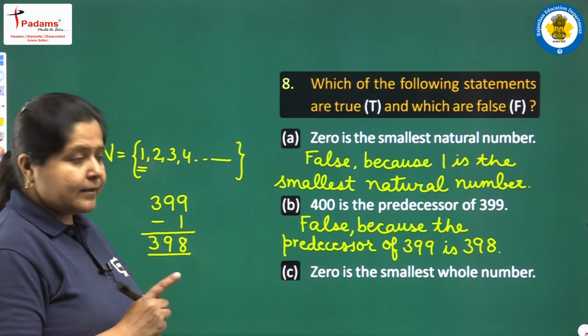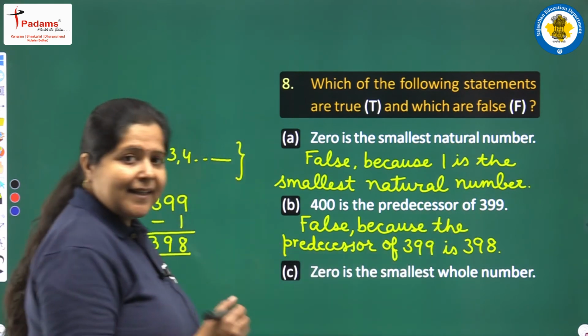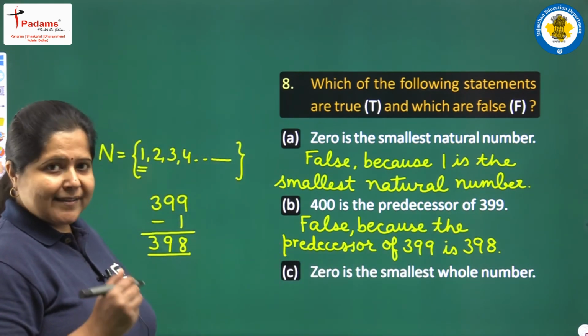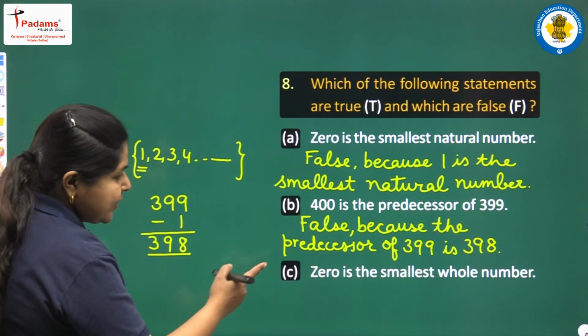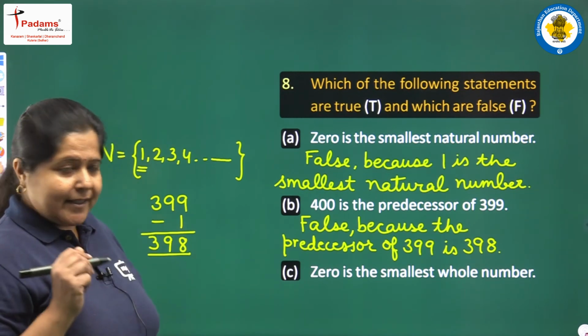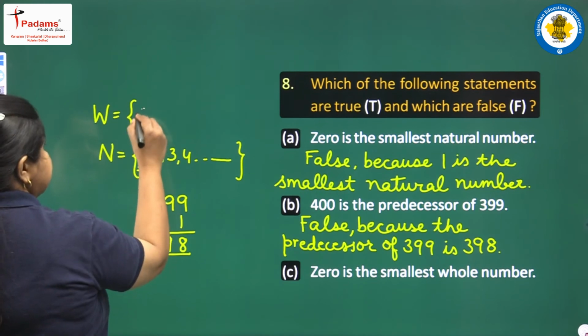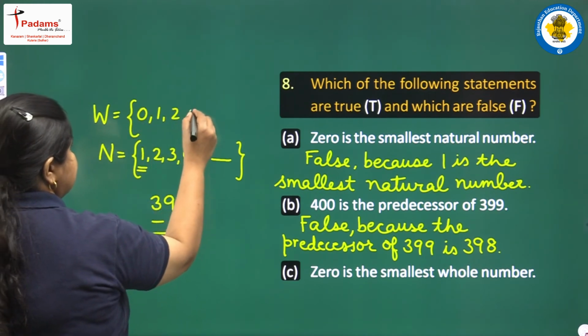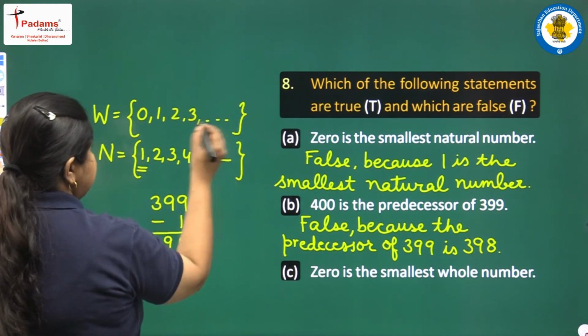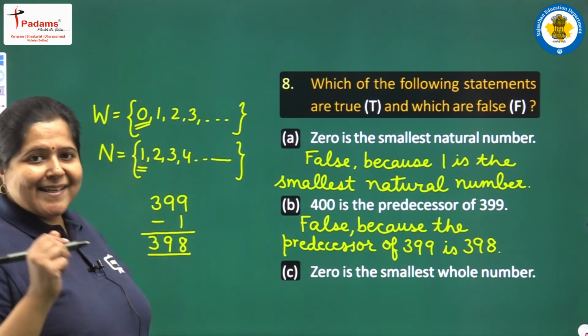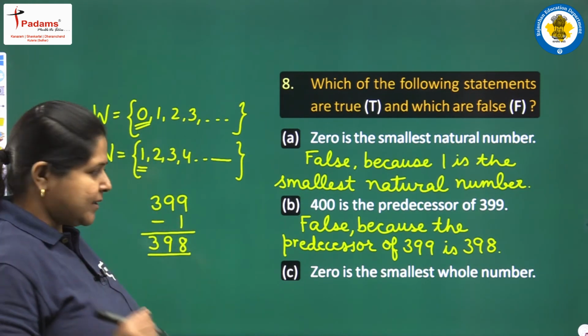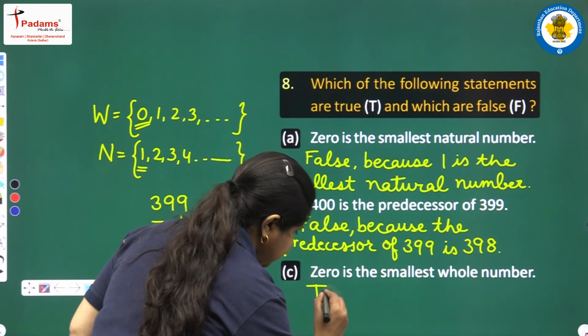If we add 1 to this number 399, then we will get 400. Then we have: 0 is the smallest whole number. Let us write the set of whole numbers. It starts from 0 and you can clearly see that yes, 0 is the smallest whole number. So, it is a true statement.